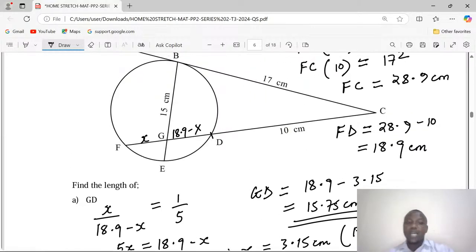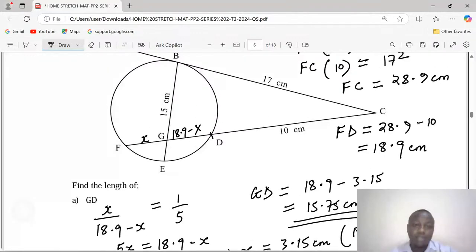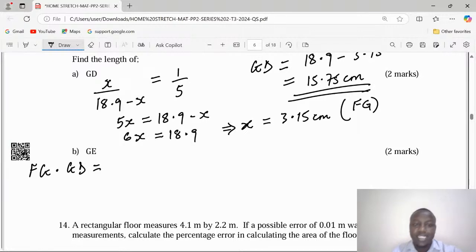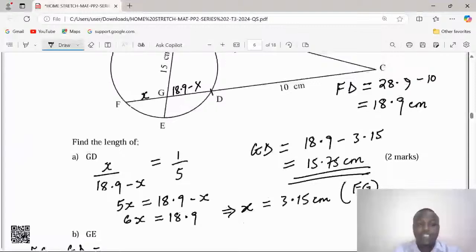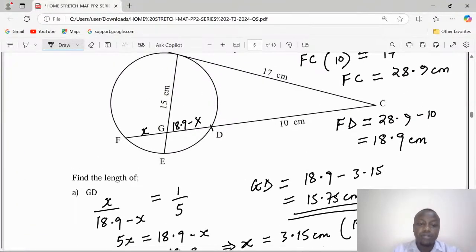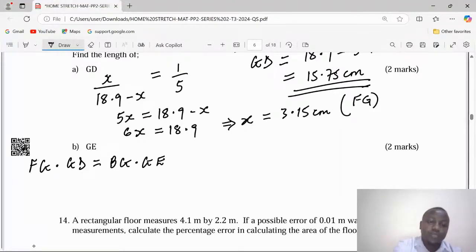Now we are dealing with intersection of chords, but internal intersection of chords, whereby in this particular circle we can say the length FG multiplied by GD should give us the same product as BG multiplied by GE. So the length that we don't know is GE.